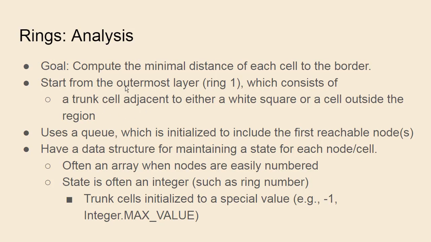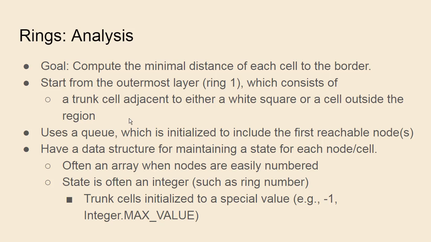The way we solve it is we start by computing the outermost layer, which consists of all the cells that are adjacent either to a white cell or a cell outside the region. Basically, it itself is on the border. We will do BFS.